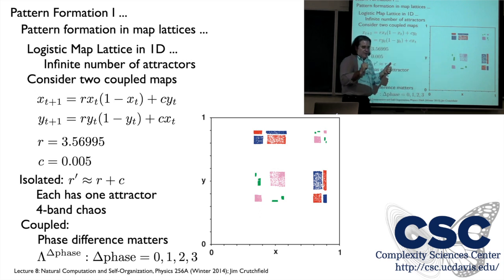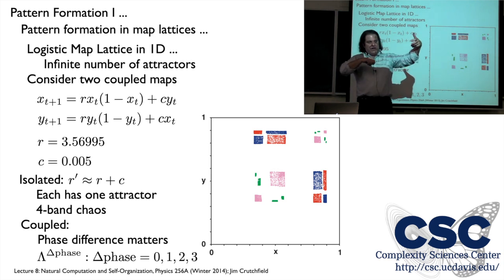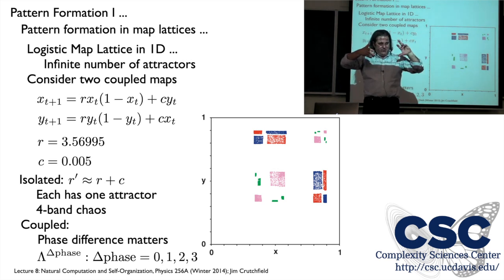If I just looked at one map, I kind of forget that, say, if it was a period 2 orbit, at even time steps the value was high, odd time steps low. But now when I have another system coupled in, what becomes important is the relative phase difference.